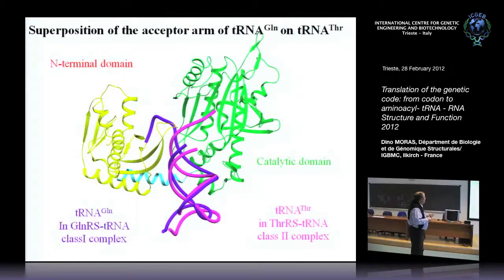So what happens, to make a short story out of this complicated event, is after the reaction, you have to check. The transfer RNA, here the CCA, moves from this place to this other module of the synthetase. And the synthetases are built out of modules. You have the catalytic site and then other structural modules, either for specific recognition or, in this case, to check if the amino acid is correct. So it moves there and it is checked.